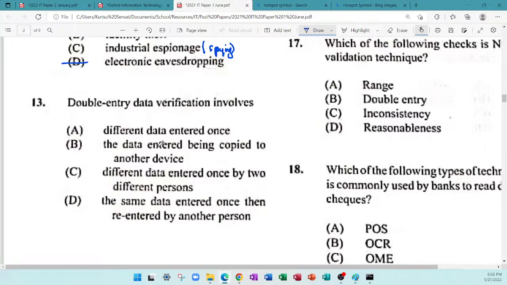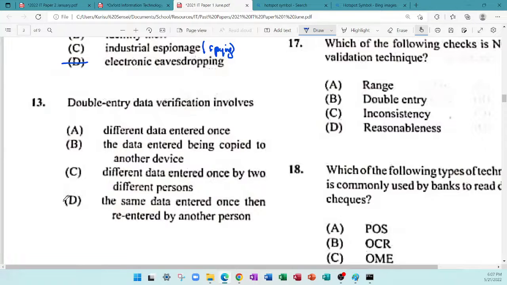So C and D are out, right? The data entered being copied to another device, like a verification thing. So double data entry means that it will be entered twice. It can be A because A is different data, but it's technically the same password to verify it. But C and D can be another person typing it in.